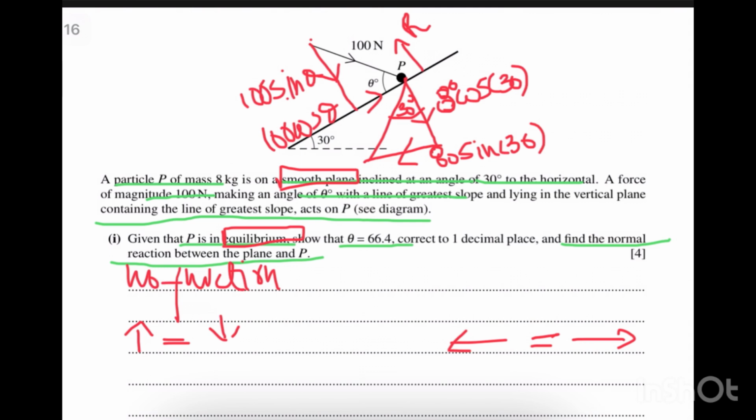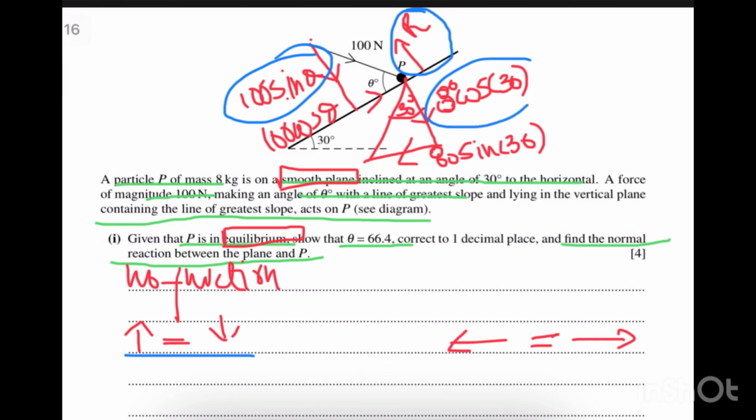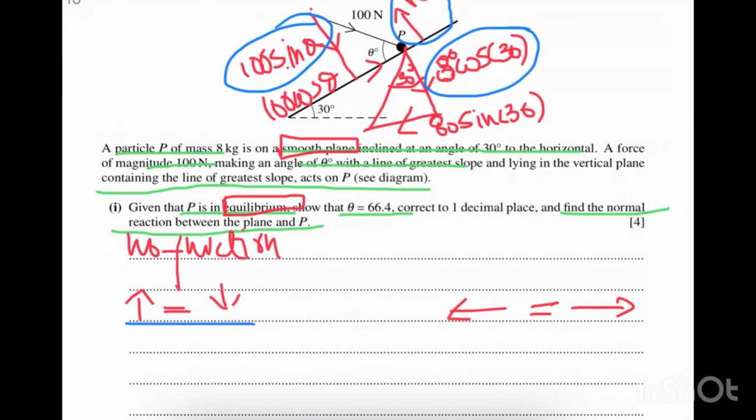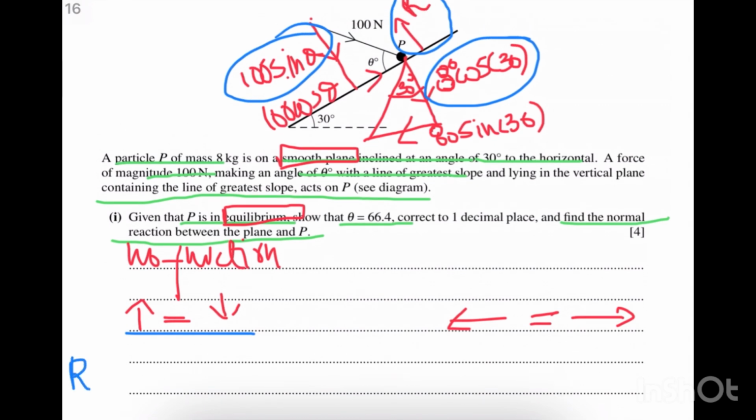In the first condition, the normal reaction is acting upwards, while this 100 sine theta force is acting downwards along with this 80 cos 30, which is the downward component of the weight. That means R equals 100 sine theta plus 80 cos 30.